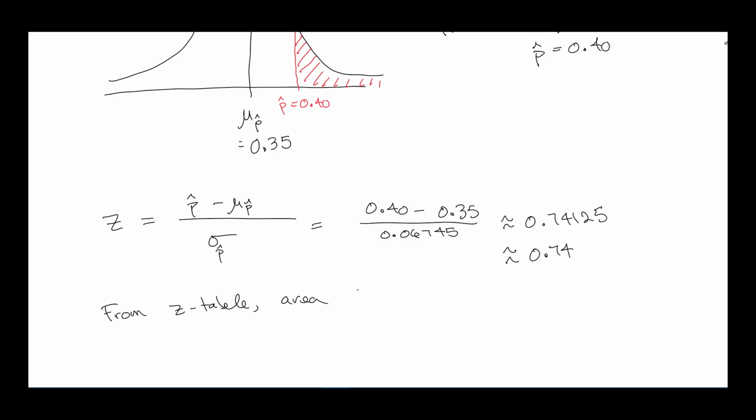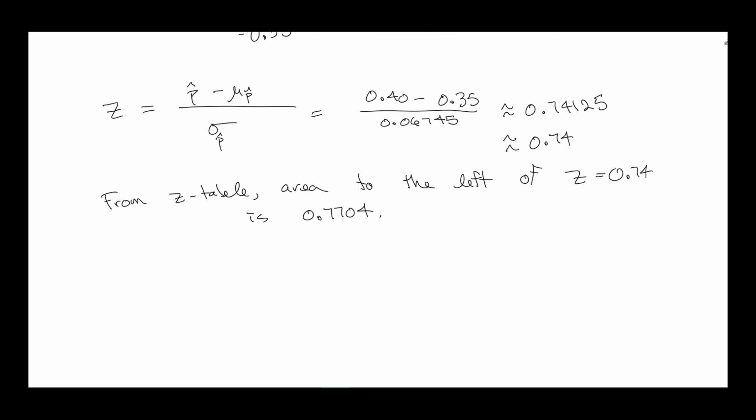So my area to the left of z equals 0.74 turns out to be 0.7704. So if I look at my sketch, I really want the area to the right, so that means I'm going to have to subtract from 1 because the area of the whole thing is 1.